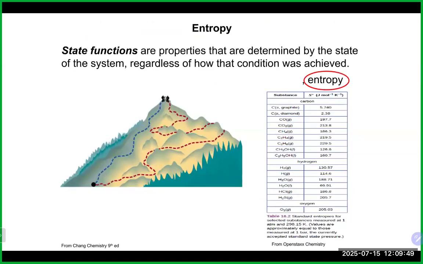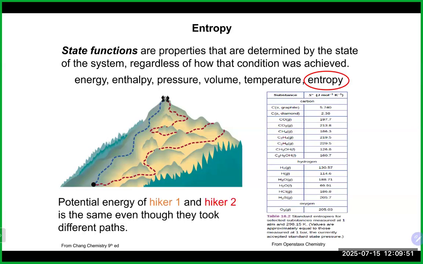All right, so entropy, as we talked about in chapter 7, is a state function. And again, a reminder that state functions are not really determined by how you got there. They're really determined by two important pieces of information: where you started and where you ended.